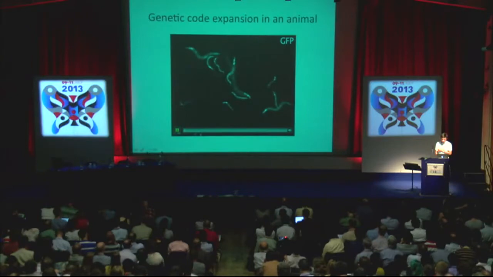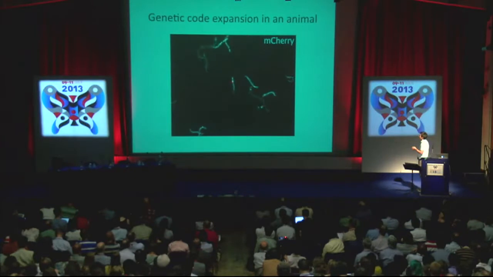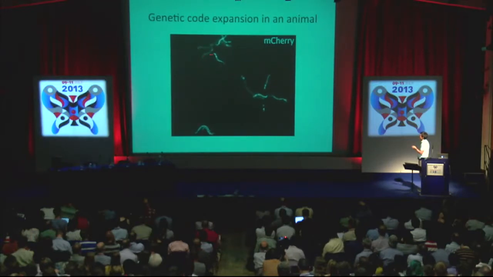And so the final data slide I'll show you is really the first example of a free-moving multicellular animal that has new chemistry embedded in its genetic code and the ability to encode more than 20 amino acids in its proteome.